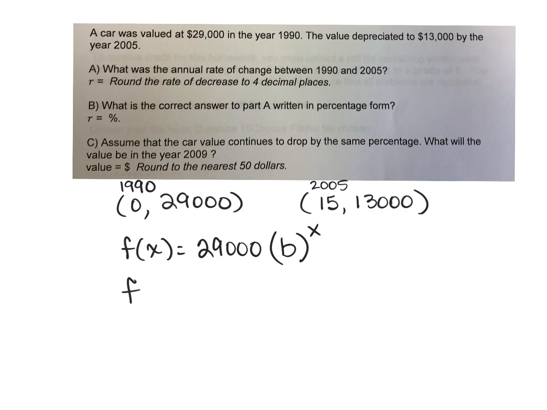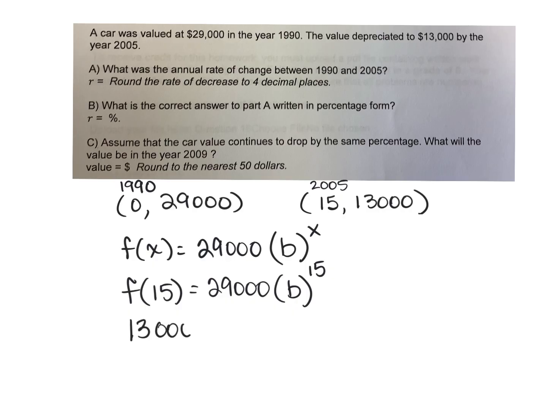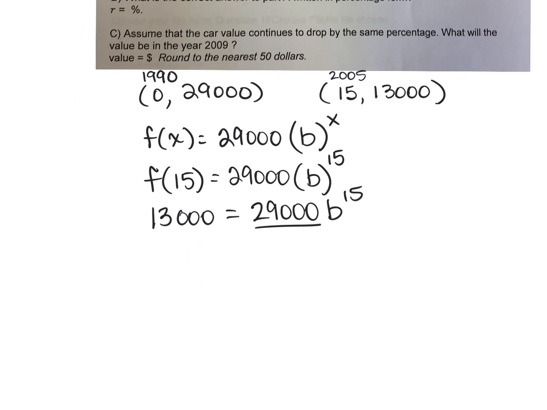So we have f of 15 is equal to 29,000 b raised to the 15th power. And I know that f of 15 is 13,000, and that's equal to 29,000 b to the 15th power. So we divide by 29,000 next on both sides.